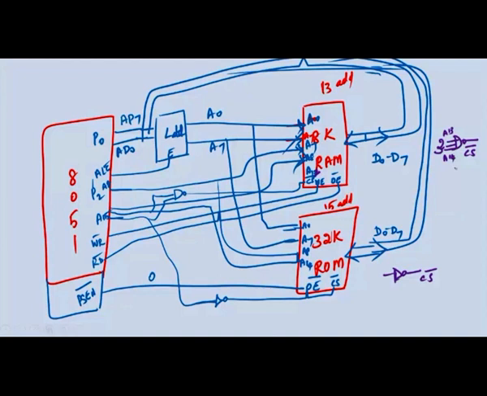Now we have to find the address for each memory. In the RAM, what is the capacity? 8 kilobytes of RAM. Okay. Now you have to write the address lines A0, A1, A2, up to A15: A6, A7, A8, A9, A10, A11, A12, A13, A14, A15.